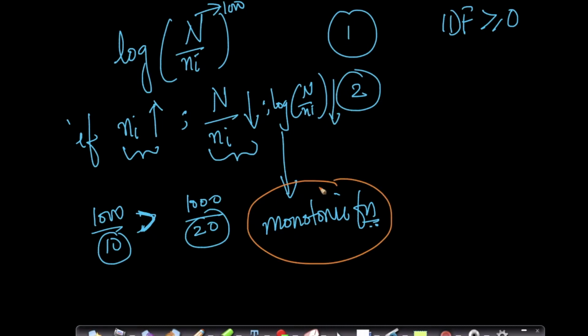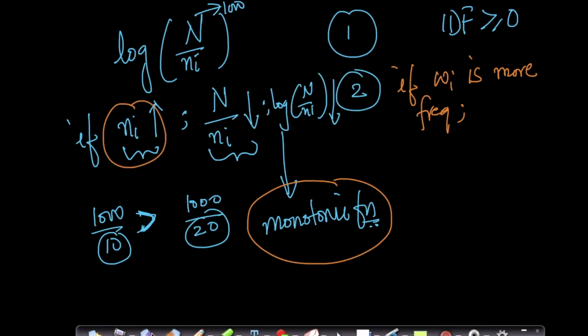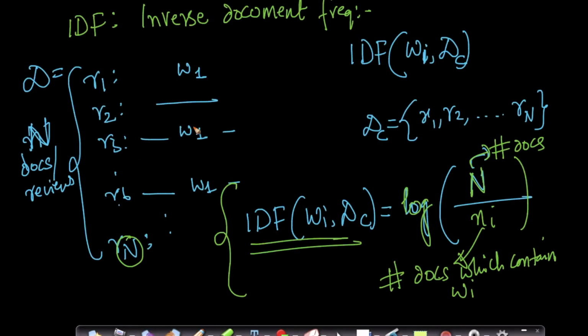So since it's a monotonic function, as N by Ni decreases, log of N by Ni also decreases. So what are we getting? If a word Wi is more frequent, if a word exists a lot of times, for example, let's take our sentences. Let's assume my word Wi is a word like "the".